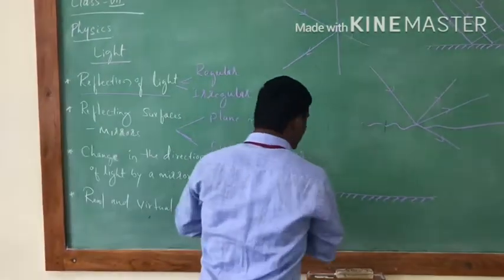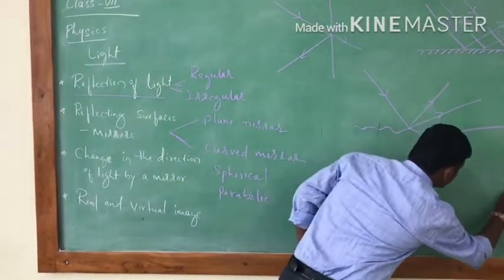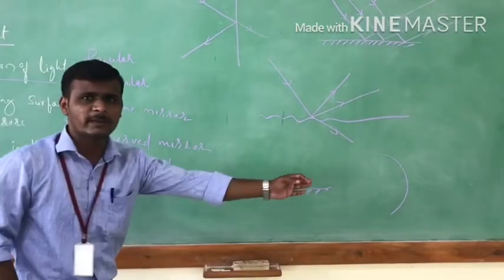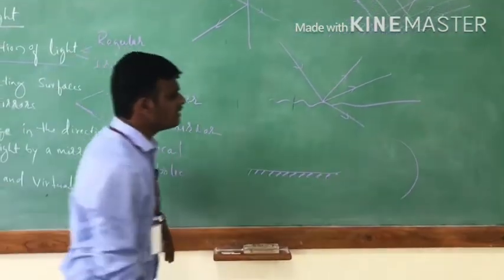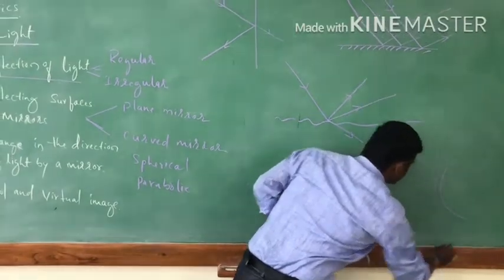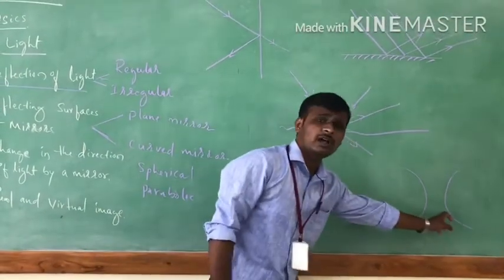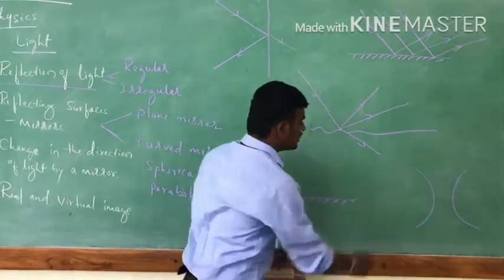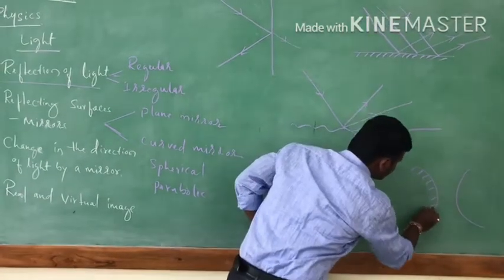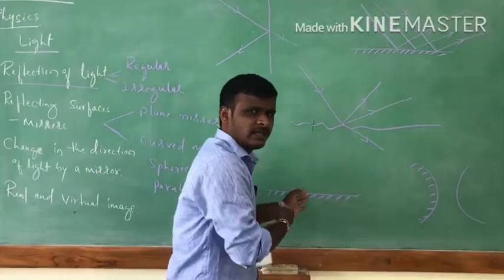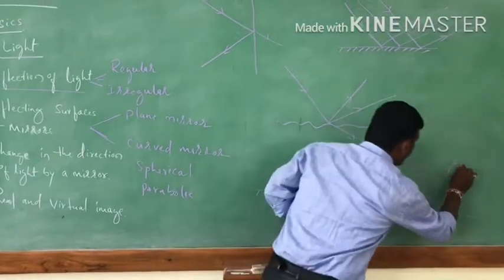Why we call them spherical mirrors is because it is a part of a sphere. This is also a curved mirror. This we call a parabola or a curved mirror. Its reflecting surface may be curved inwards. Reflecting surfaces may be inward or outward.